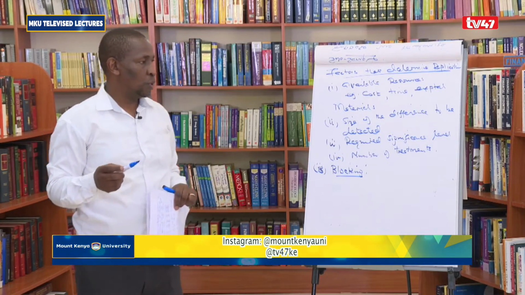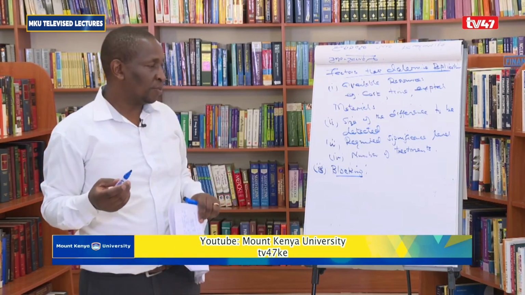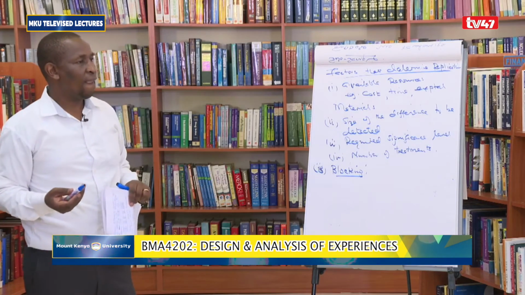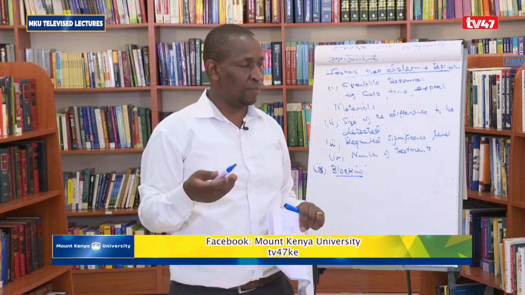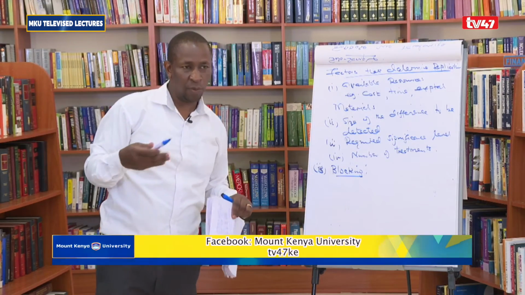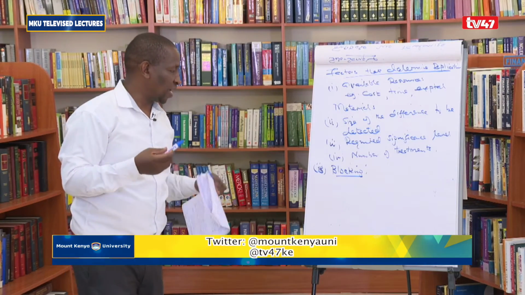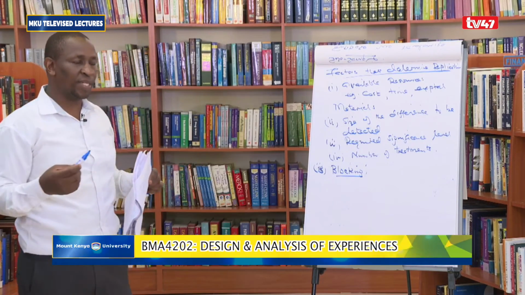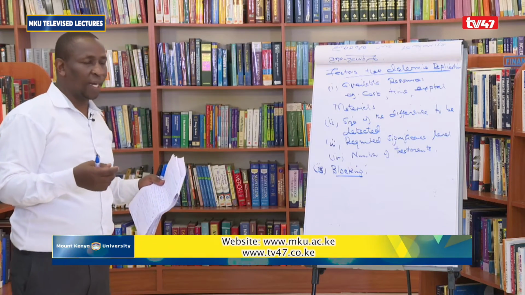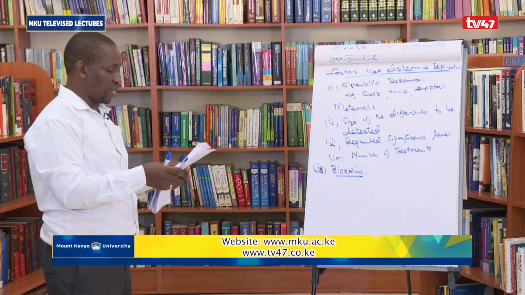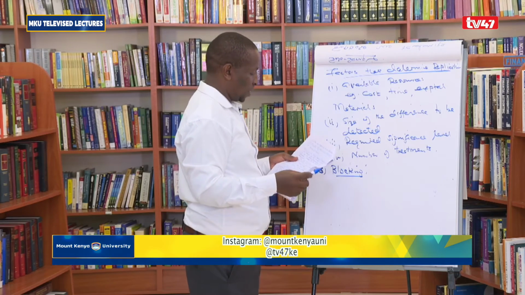We know that if we conduct a particular experiment today, maybe in a laboratory, and we repeat that experiment in a few hours' time, the results may be different, maybe because of the exposure of the reagents to the atmosphere. If we are still using the same reagent, it could have absorbed some water, and therefore blocking is key in experimental designs.